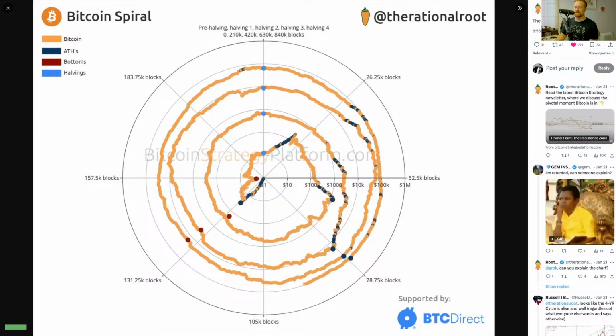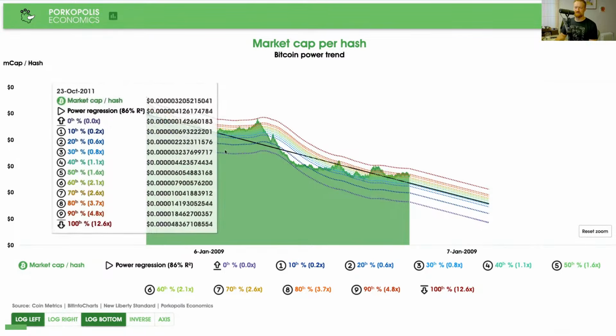This one, again, I need to work on a lot, but this is market cap per hash, log log. All right, and when we go up, again, we're booming. So hash rate relative to market cap, market cap relative to hash is high.